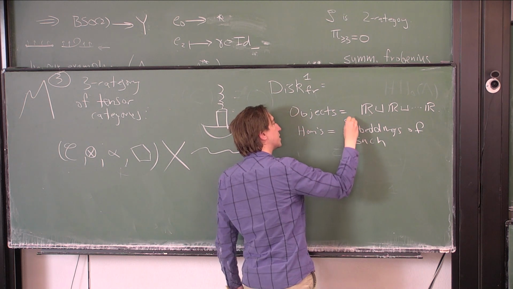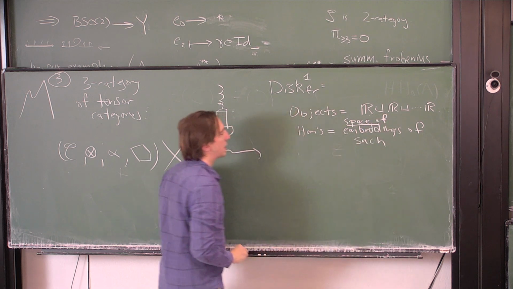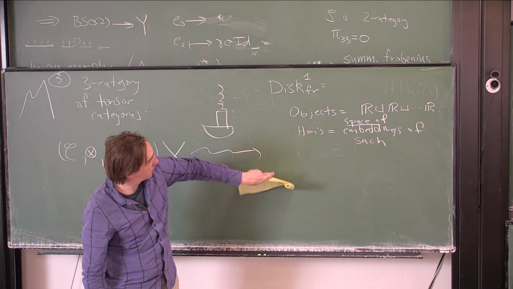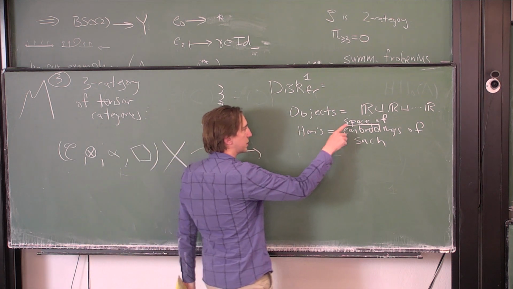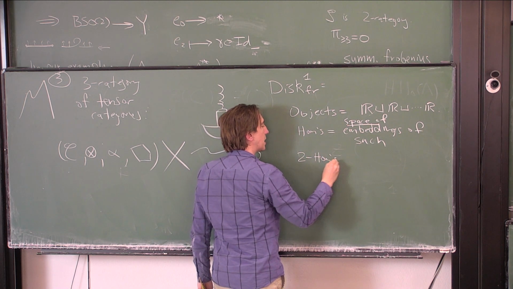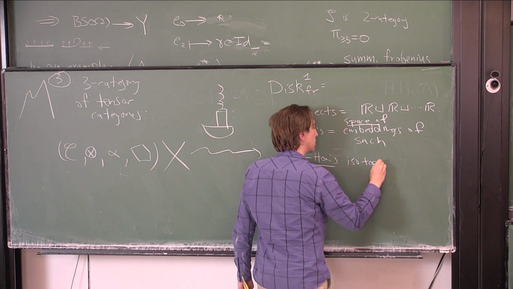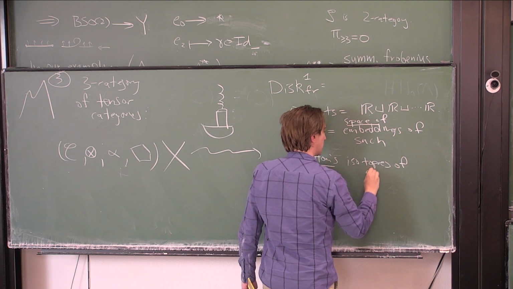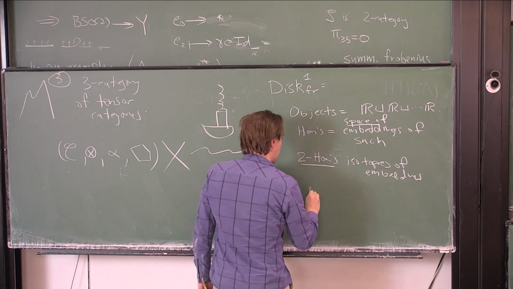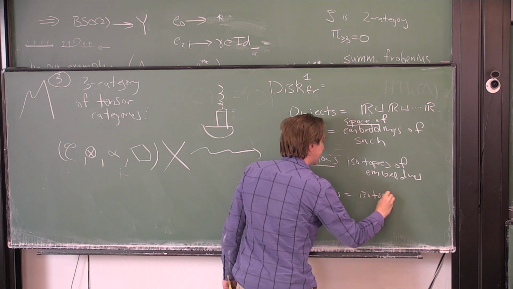But now I'm going to write the space of embeddings. And by saying the space of embeddings, I don't have to say any more, but I can. Because everything I'll say now is tied up in that word space, the 2-Homs are going to be isotopies between embeddings. The 3-Homs are isotopies of isotopies.